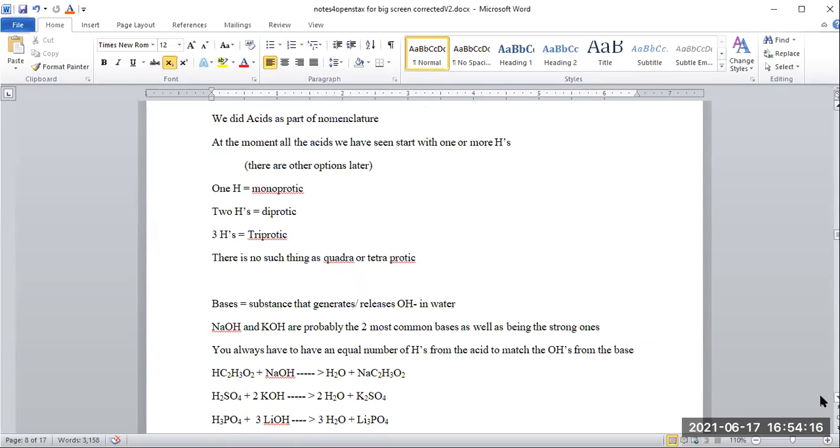So we have seen bases without actually calling them bases up to this point. They are things that generate or release hydroxide when you dump them in water. The two that we see the most of, and these are the ones we use in lab most often, are sodium hydroxide and potassium hydroxide.